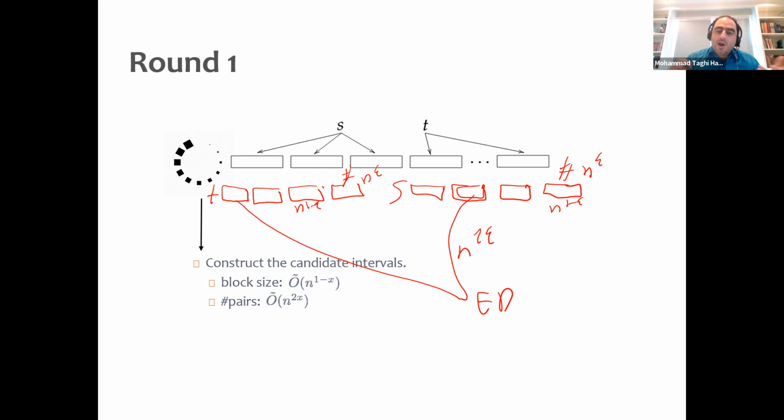Here we have N to the epsilon machines to keep S, and N to the epsilon to keep T. Now, for each pair of these substrings, we have one machine that in parallel can compute the edit distance between them. So the number of pairs is this, and this is the number of machines that we have. Each of them, on its smaller substring, computes the edit distance.